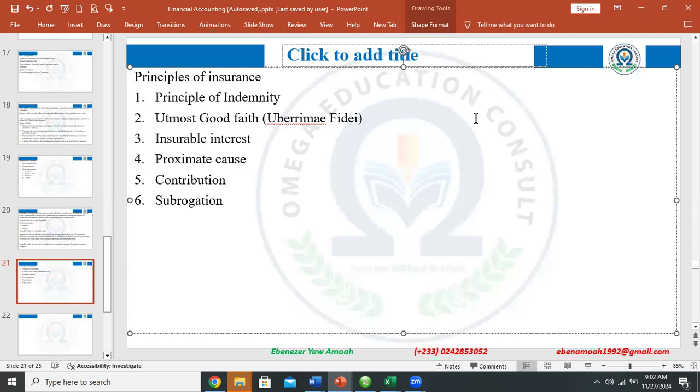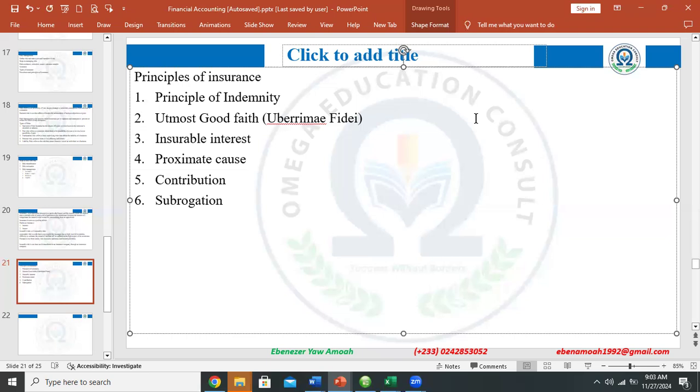So subrogation here means that the insurance company assumes the right and interest of the insured after the insurance company has compensated the insured fully. So the insurance company will assume the right and interest to pursue any claim or recovery.